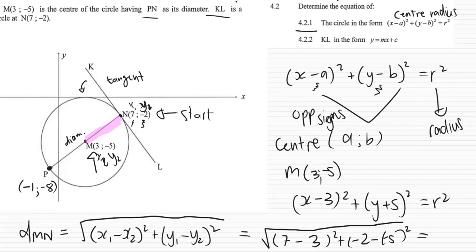Put all this straight into your calculator, and we get that our radius is 5.